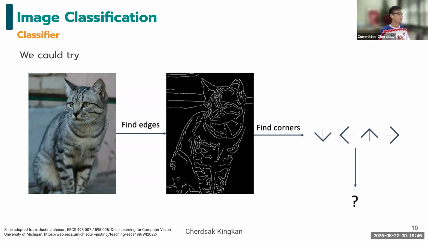If we change the viewpoint from which we take the cat image, our rules would probably not be able to recognize this image as a cat, because we cannot write all the rules that can generalize for all viewpoints, for all objects, or for all classes. All right. So that's the basic problem in traditional methods for object or image classification. All right.